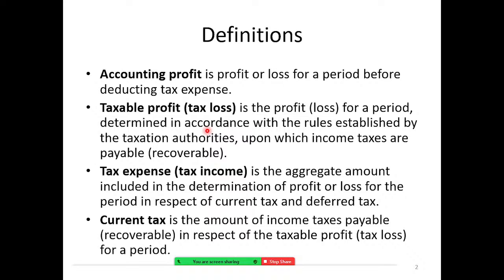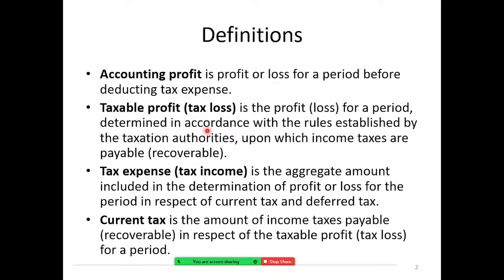In simple terms, when you calculate net profit by following accounting rules and regulations, you will end up with accounting profit. On the other hand, when you follow rules and regulations provided by local tax authorities, the profit is called taxable profit, because there are some differences.